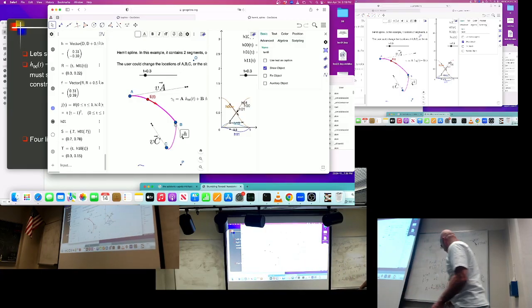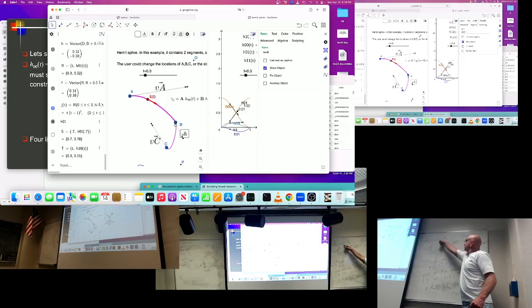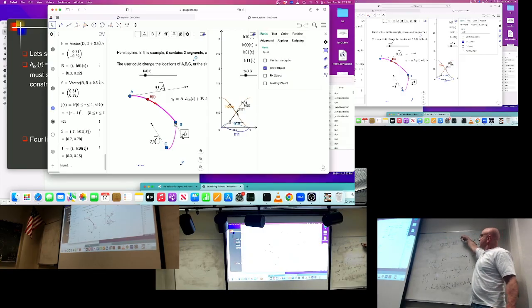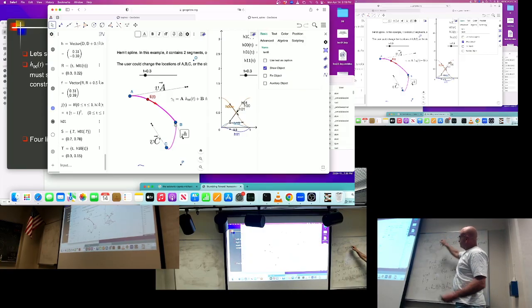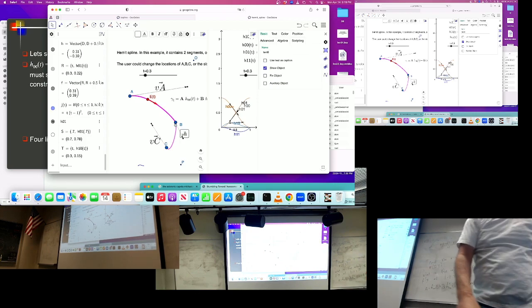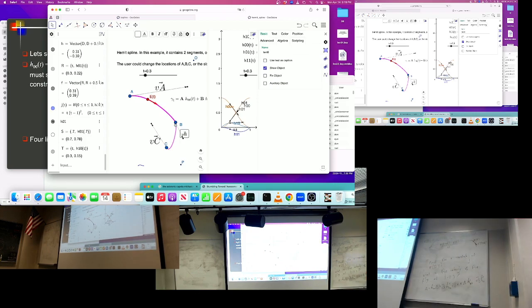I'll remind you, to get the second curve, we are going back to this expression, except that instead of A and B, every time that you have A, you write B instead. C replaces B, the point C, VC, where I end. Instead of VA, it would be VB, that is, I start at VB, and I end at VC, the vector in C.